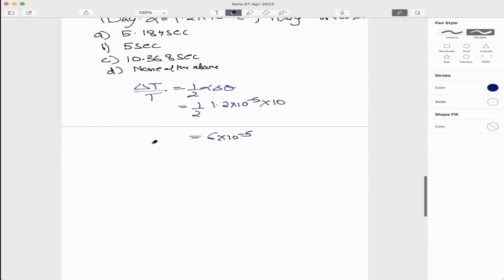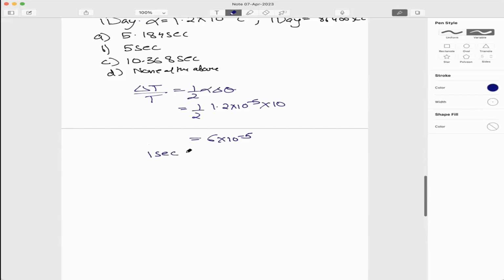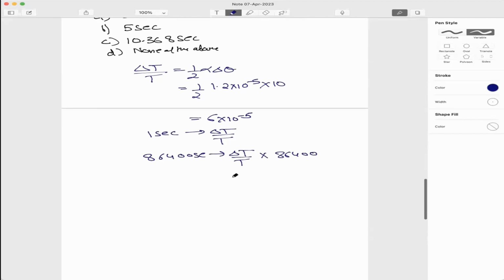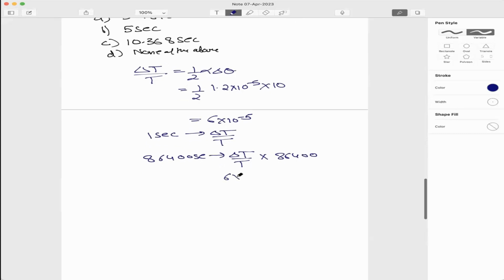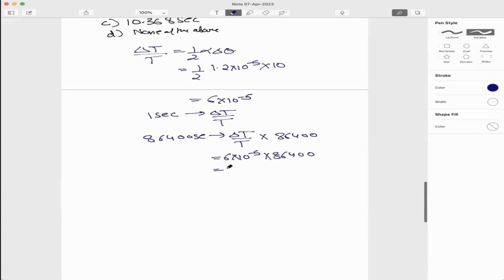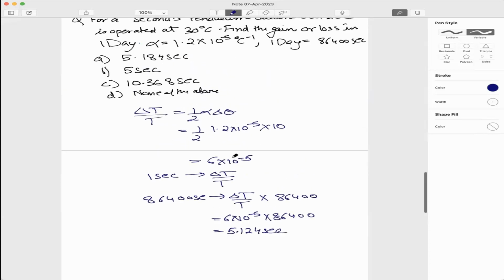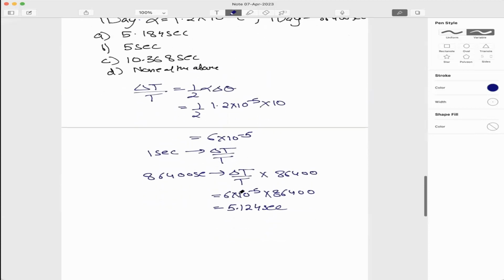Now we know for 1 second the loss is delta T by T. So for 86400 seconds, the loss is delta T by T into 86400, that is 6 into 10 to the power minus 5 into 86400. So the final answer that we get is 5.184 seconds. The correct option is this.